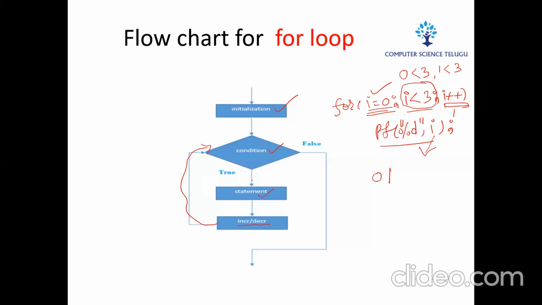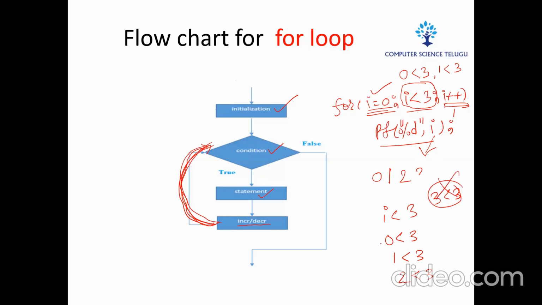Like that it will print all the values till the condition becomes false. 0 less than 3 is true, 1 less than 3 is true, 2 less than 3 is true, but 3 less than 3 is false.